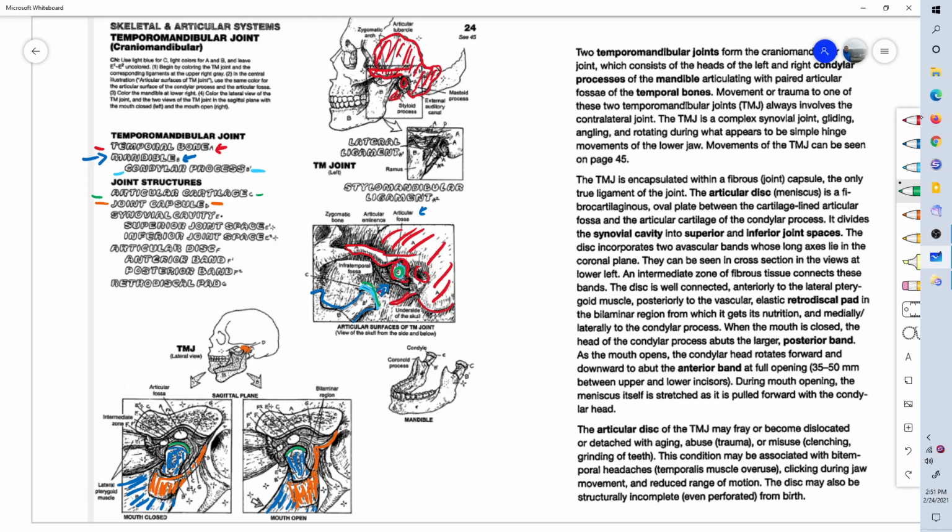These are mouth open and mouth closed. Here's your hyaline cartilage again, right up next to the bone of the temporal fossa, the articular fossa of the temporal bone. And the temporal bone is in red here.